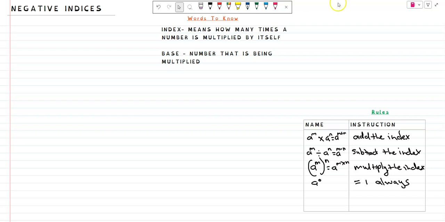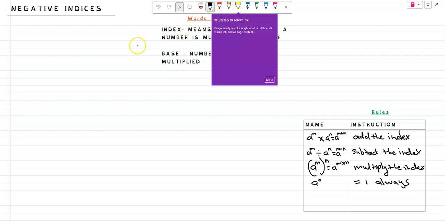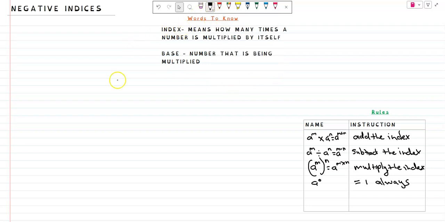If you look at the following equation, we have 4 to the power of 0 divided by 4 to the power of 3 equals.